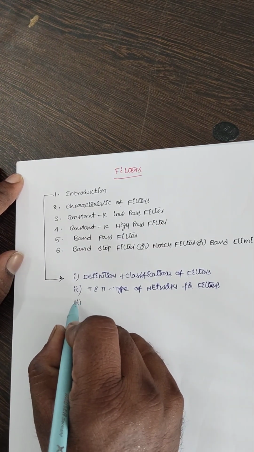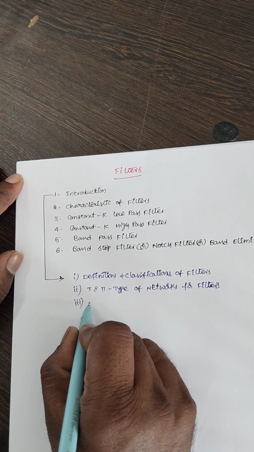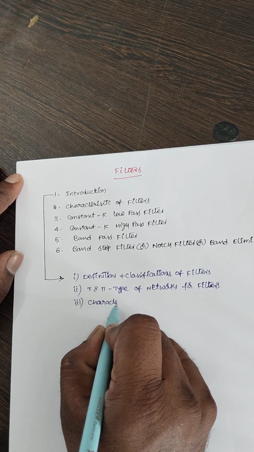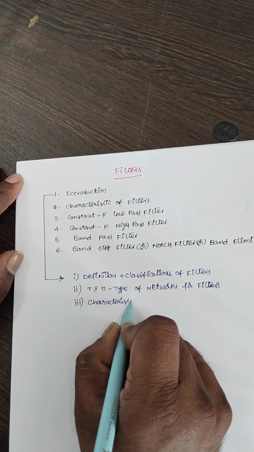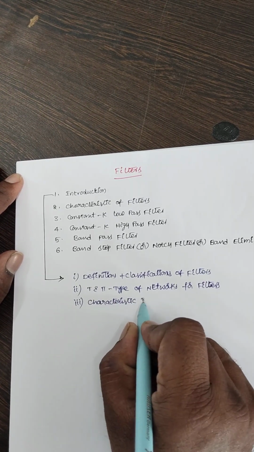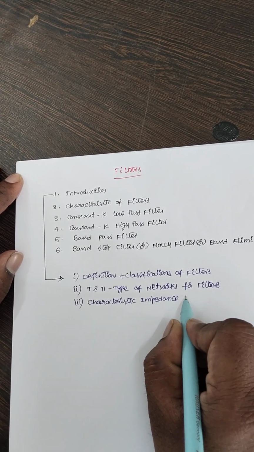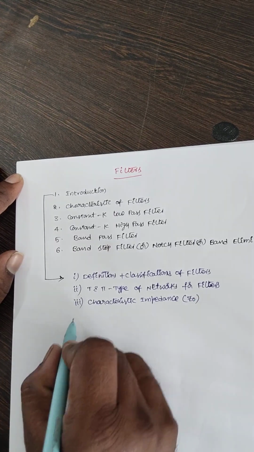Third one is characteristic impedance, which is represented with the letter Z0.